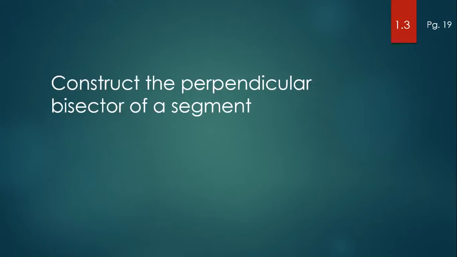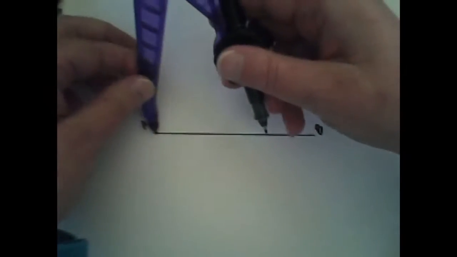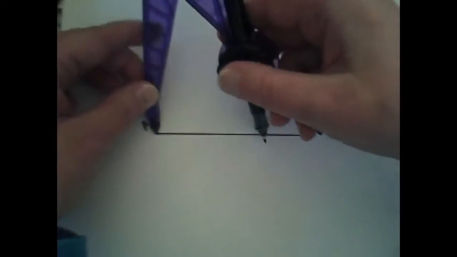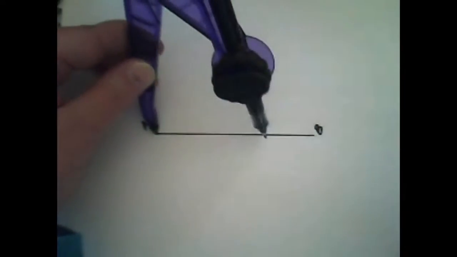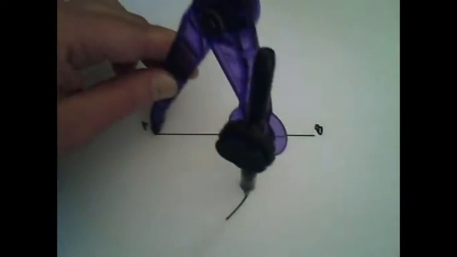Now we'll construct the perpendicular bisector of a line segment. Let's construct the perpendicular bisector to segment AB. Now the first thing we'll do is measure a distance that is more than half the length from A to B. We'll put the point of the compass on A and make an arc above and below our line segment.